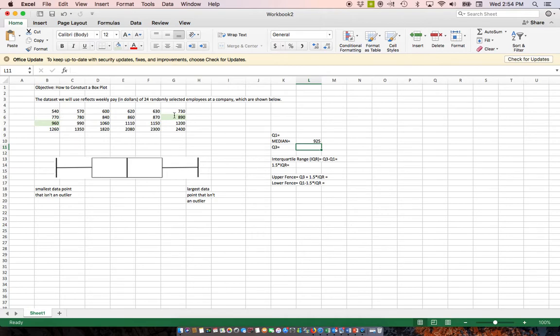Once we have the median, then we can calculate quartile 1 and quartile 3. Quartile 1 is essentially the median of these first 2 rows of data that reflect the weekly pay on the lower end of the scale.